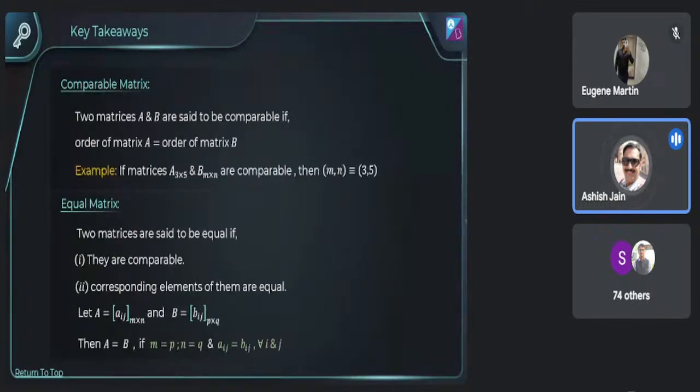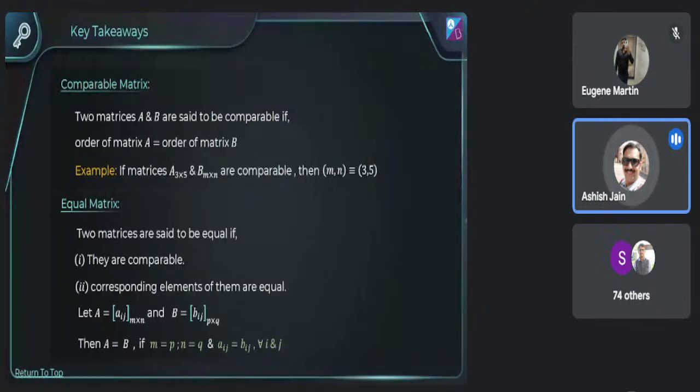Now, there are some properties that we use in matrices. First, how can we compare two matrices? Two matrices capital A and capital B are said to be comparable if the order of matrix A is equal to the order of matrix B. That means if both matrices have the same number of rows and columns, we say they are comparable.